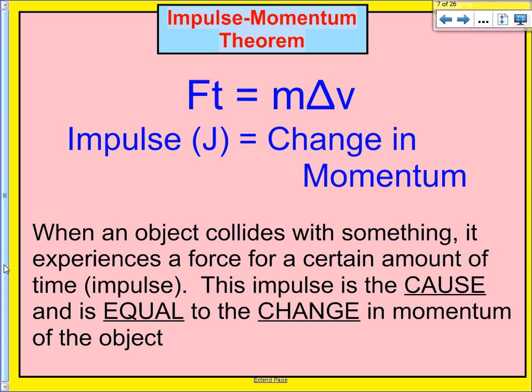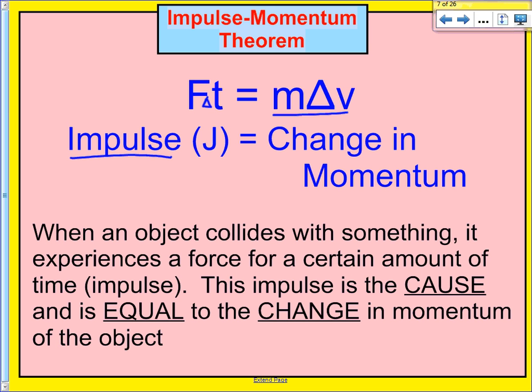And what that states is the force times the change in time, force times delta t, which is your impulse, is actually equal to your mass times change in velocity, which is our change in momentum. Notice impulse actually has a variable. The variable for impulse is j. Now that seems kind of weird, almost as weird as momentum being p. The reason why impulse is not the letter I is because later on we're going to learn that I actually stands for current in electricity.